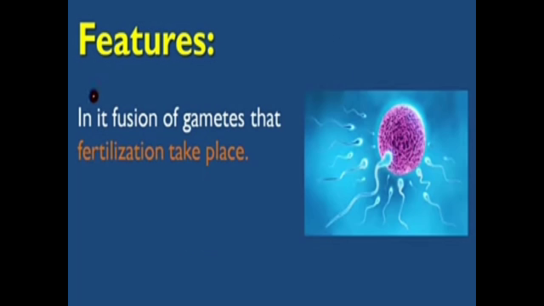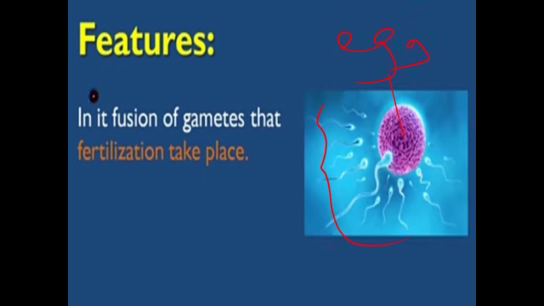Now in it, fusion of gametes, that is fertilization, takes place. As you can see here, this blue colored one is the sperm, which is the male reproductive part, and this is the egg, which is the female reproductive part.